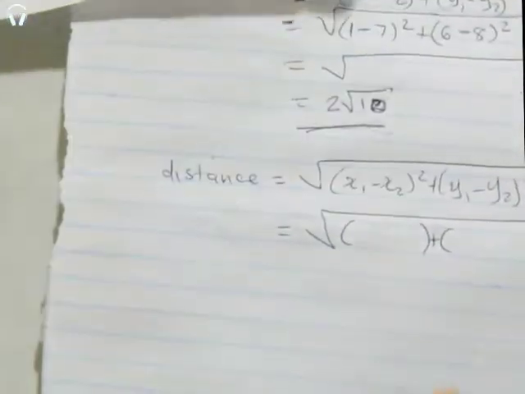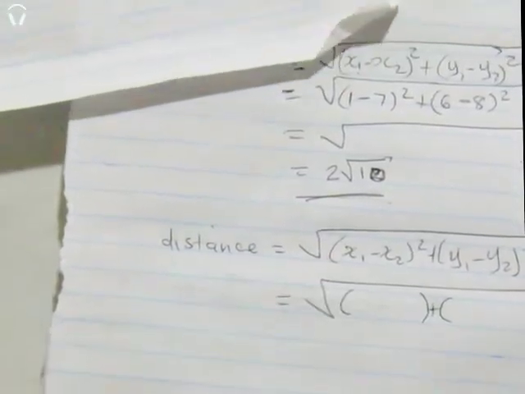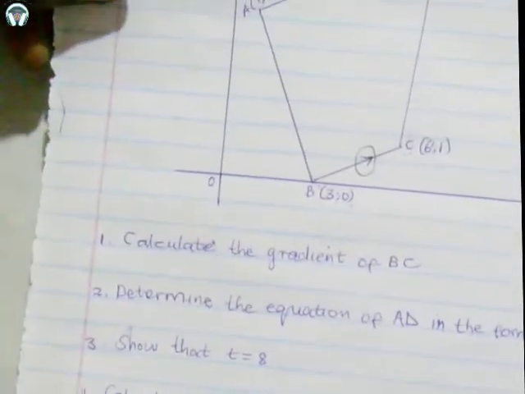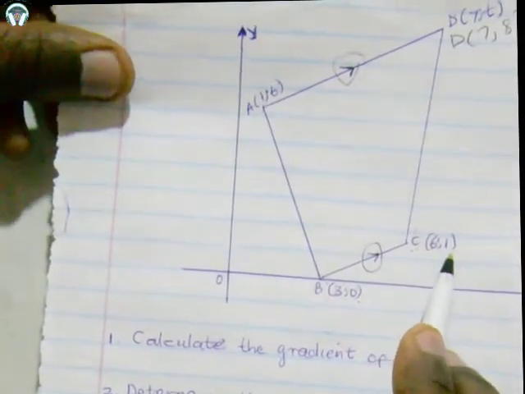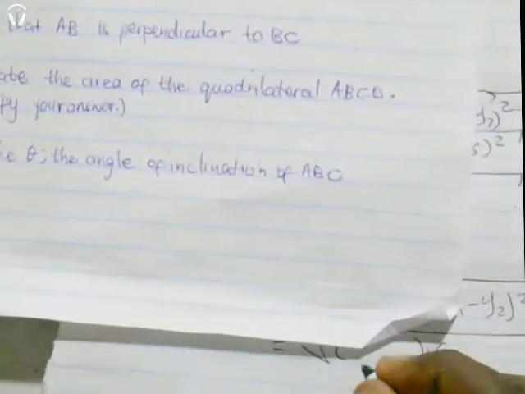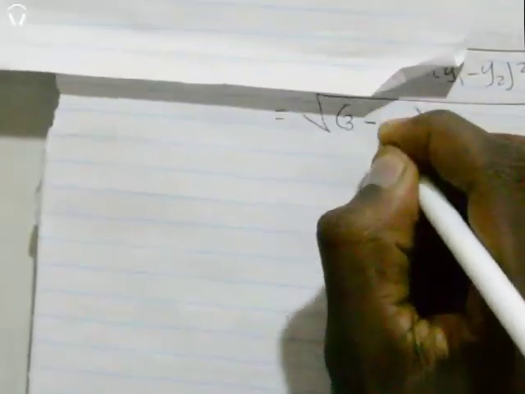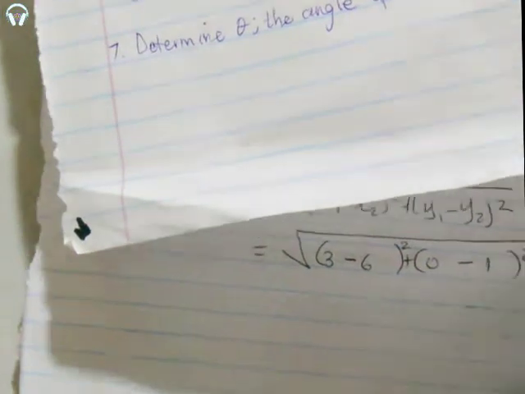So we plug into our distance formula, substitute. I'm taking B as my x1 and y1 and C as my x2 and y2. So it's going to be 3 minus 6 all squared, and also 0 minus 1 all squared.